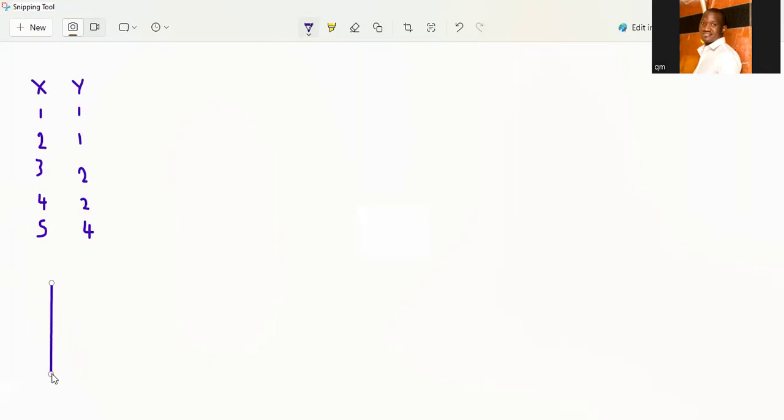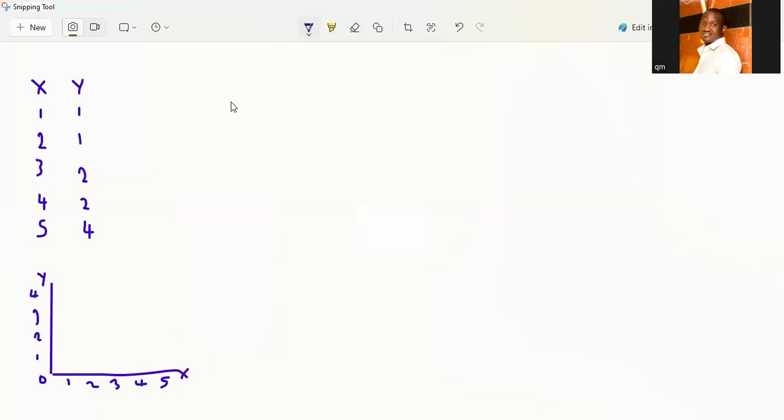Here we have our y, and our x is there. We have 0. On the x axis, we have 1, 2, 3, 4, and 5. On the y axis, we have 1, 2, 3, and 4.